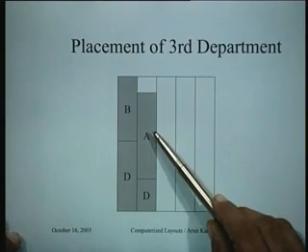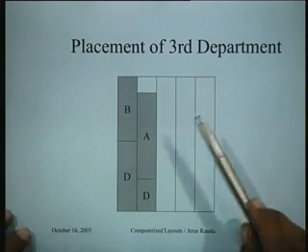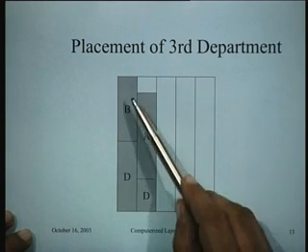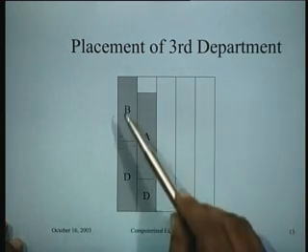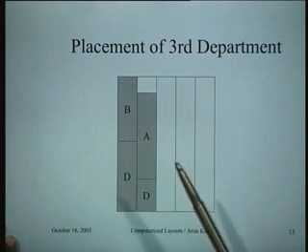Based on that information, suppose that in this particular situation department A is picked up for placement. So we place department A depending upon its requirements here. So we have now been able to place 3 departments in the layout.